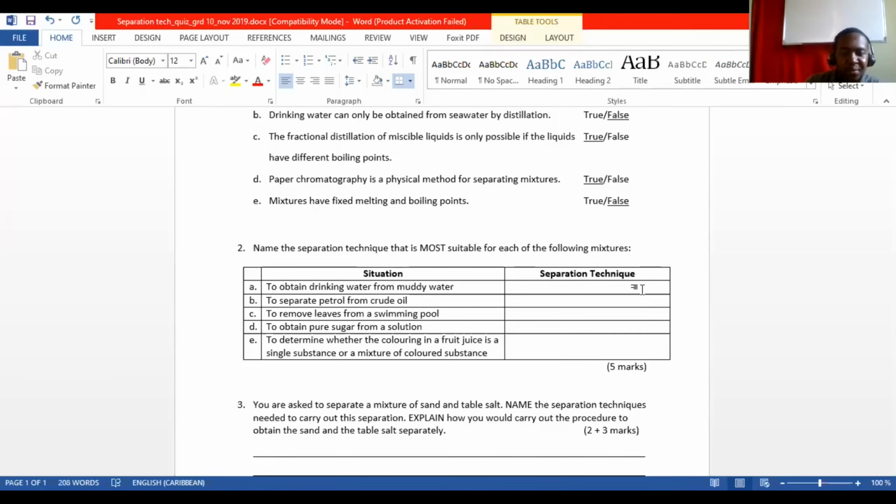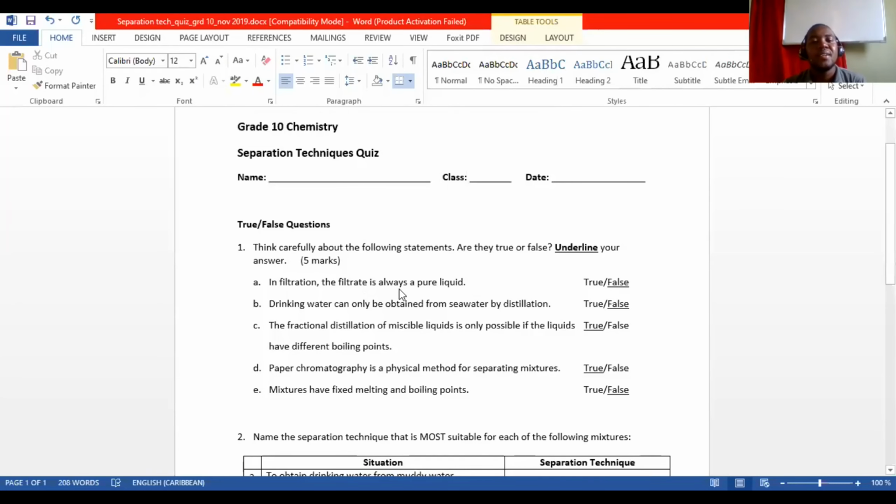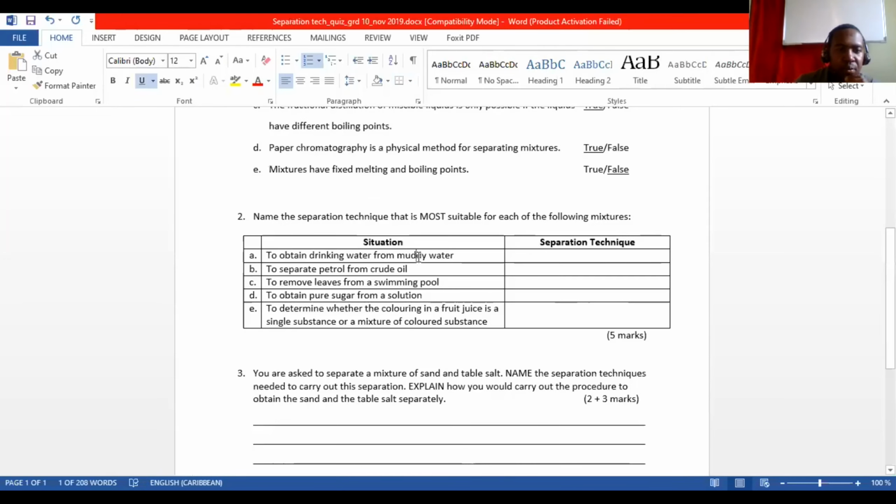That means if we filter muddy water, we should be able to drink the filtrate safely. Remember the first question, which says filtration always produces a pure liquid, and we said false. If we filter muddy water, some of the mud will pass through the filter paper, so it's not pure water that you will receive to drink.